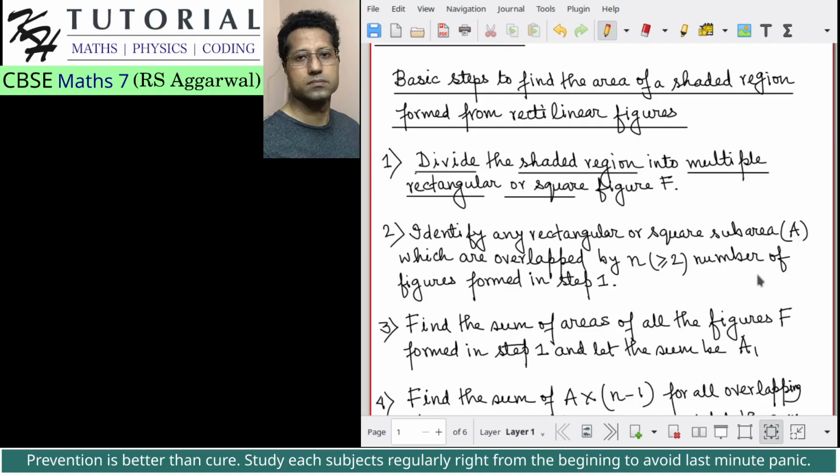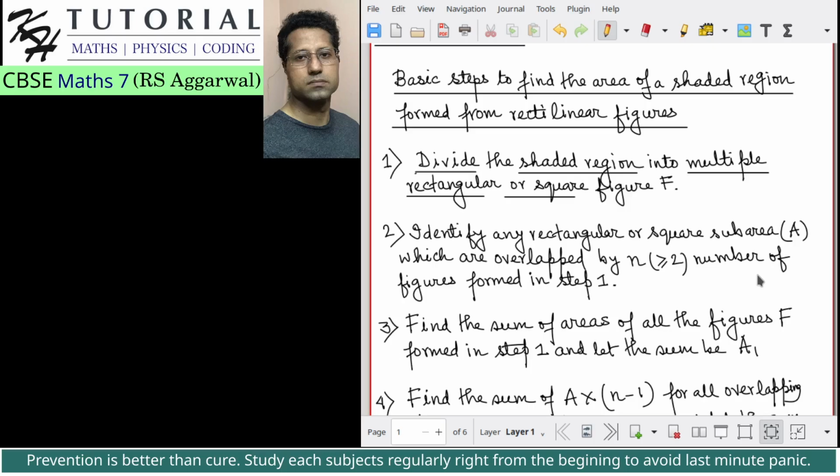That is, if you see that two or more figures have an overlapping region, that is, a common region to two or more figures, then you need to identify those areas or regions, and also how many times those regions or areas are being considered.